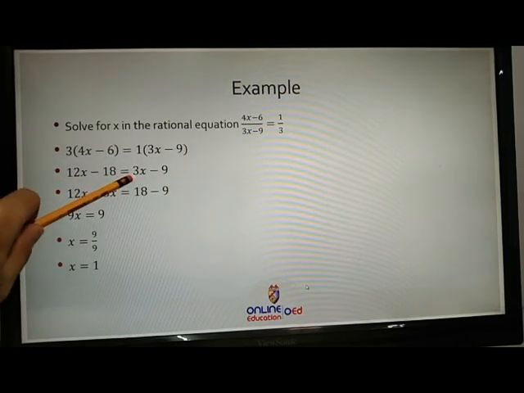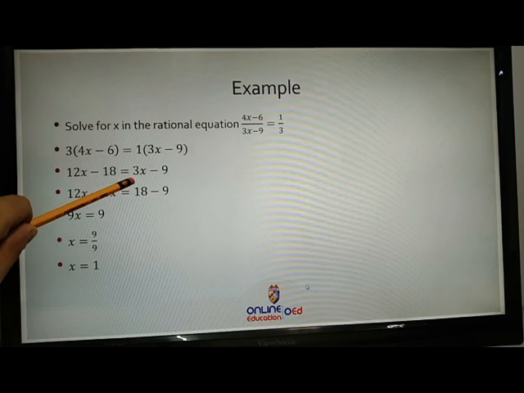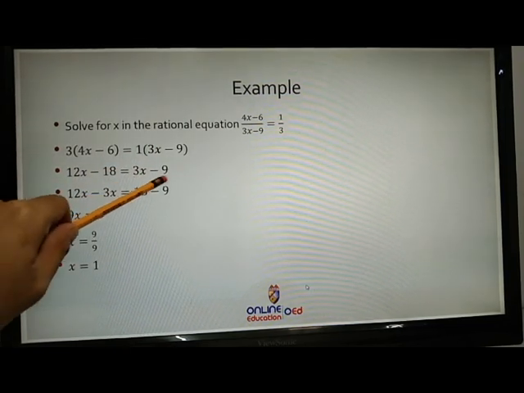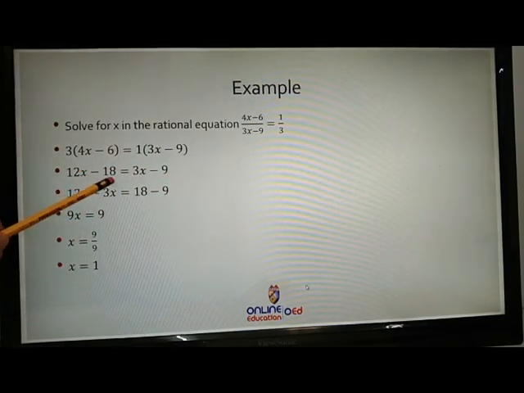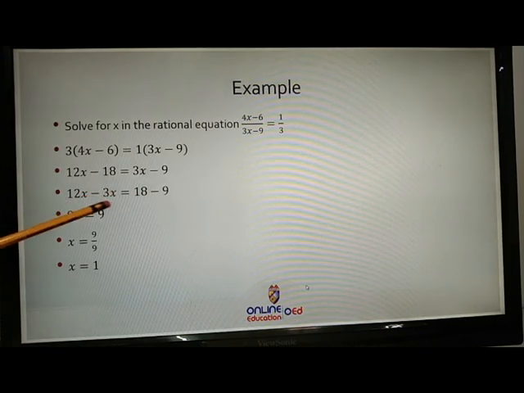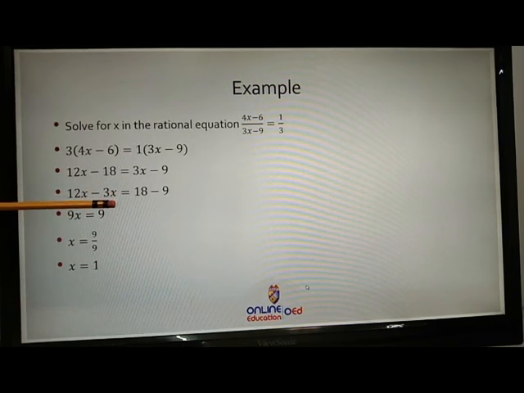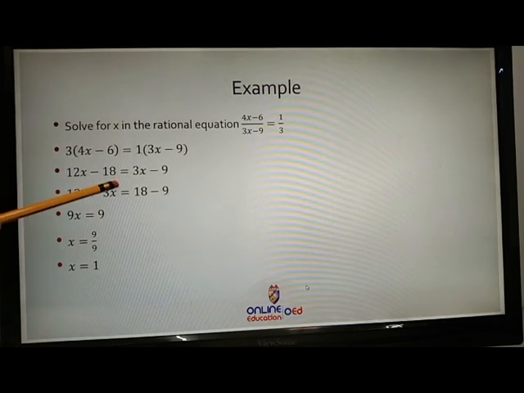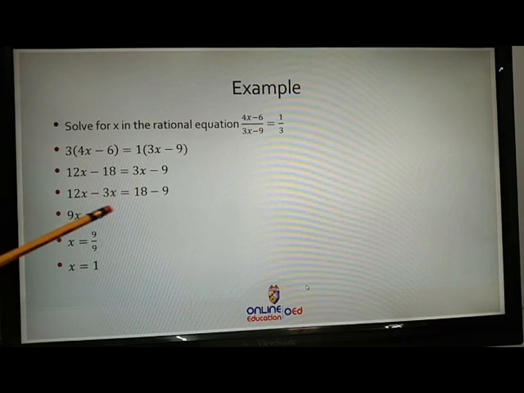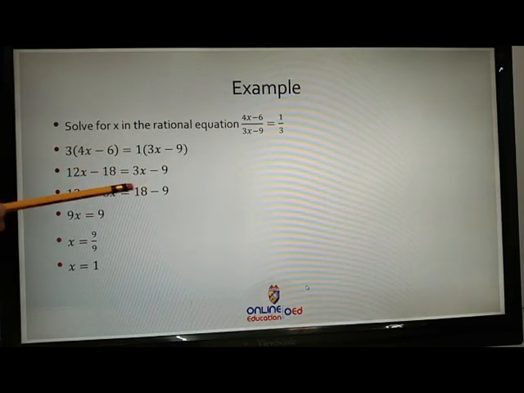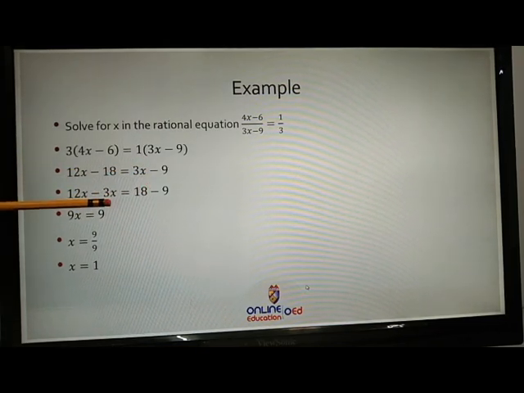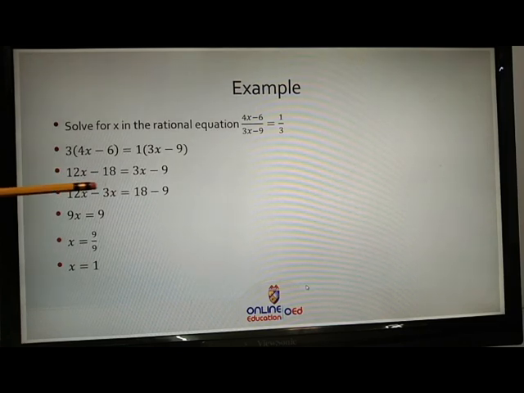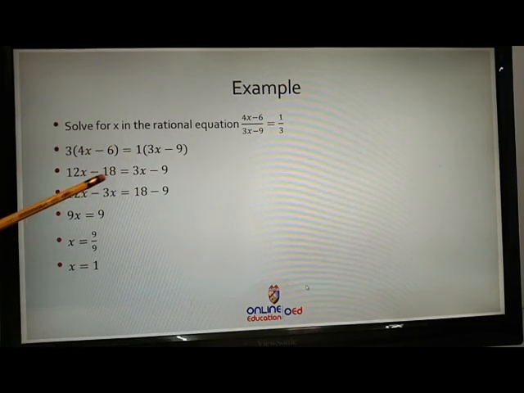Kapag nag-add tayo ng negative 3x dito, makakancel to, ang maiiwan is negative 9. And then magkakaroon tayo ng negative 3x sa left side. To eliminate naman yung negative 18, mag-a-add tayo ng positive 18 to both sides. Kanina, eliminate natin si 3x, so nagkaroon tayo ng negative 3x dito. Pag nag-add tayo ng 18 to both sides, makakancel to.